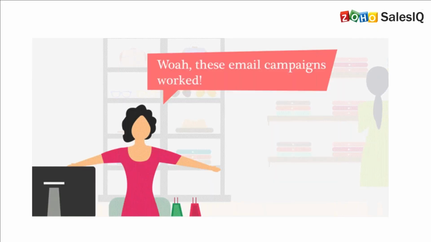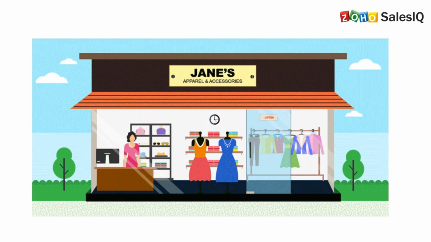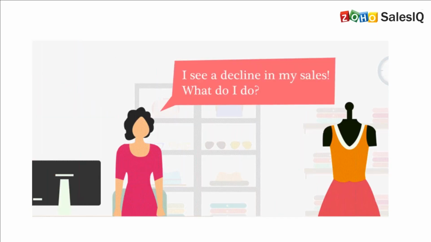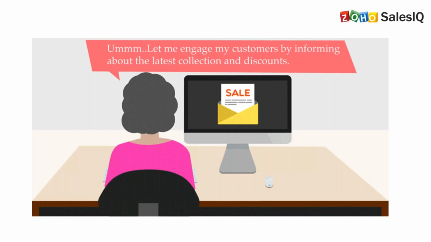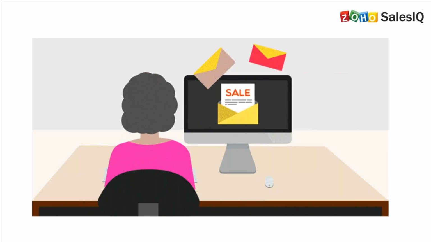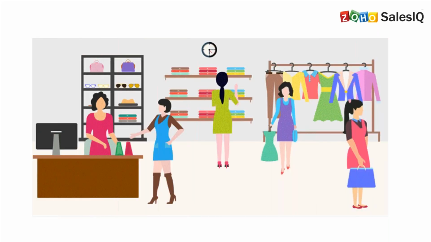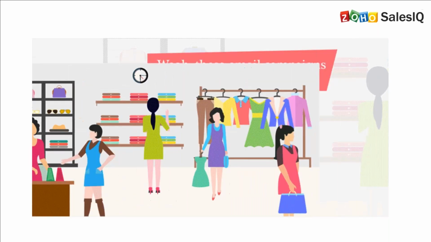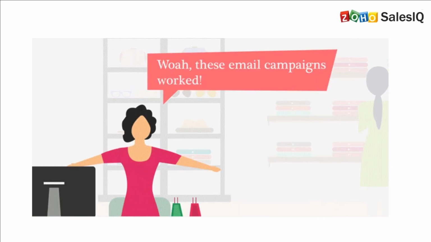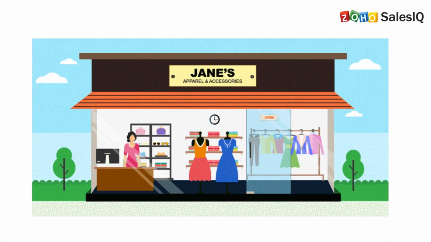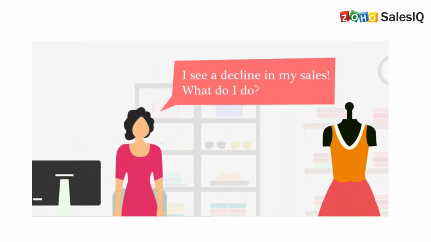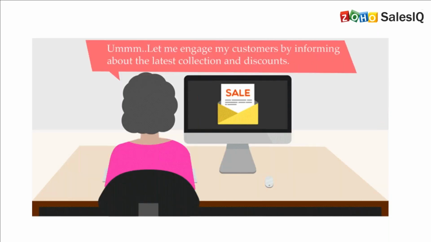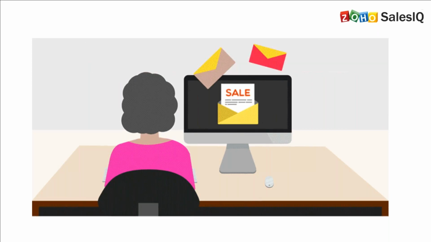So there's a small animation that you need to take a careful look at. It just shows what email campaigns do. So I'm just going to let it play a couple of times so you can take a look. So you can see this person sending out email campaigns. People look at that, and footfall to that store has increased. So let's go again. The person has decided to send out email campaigns to arrest the decline in sales.